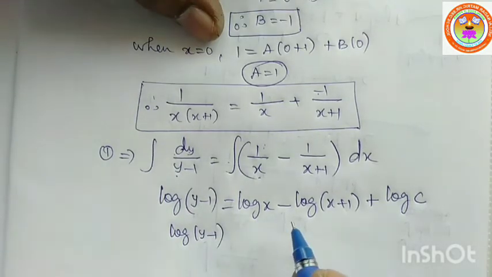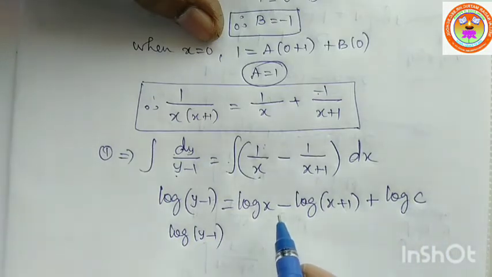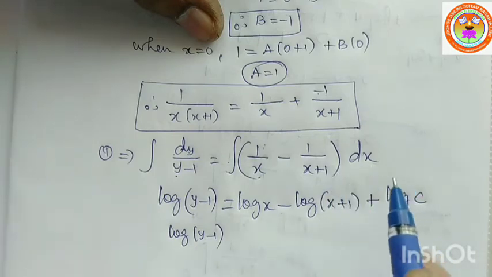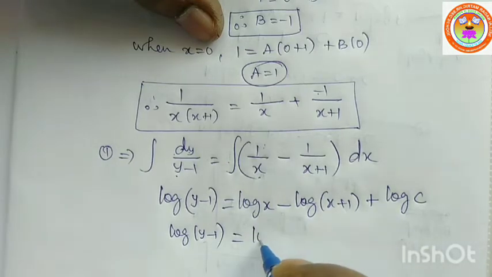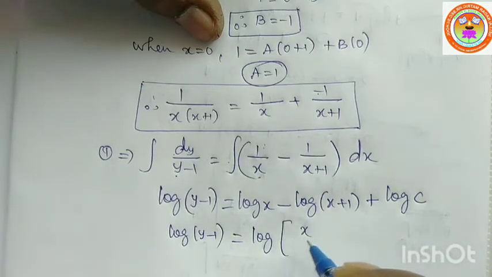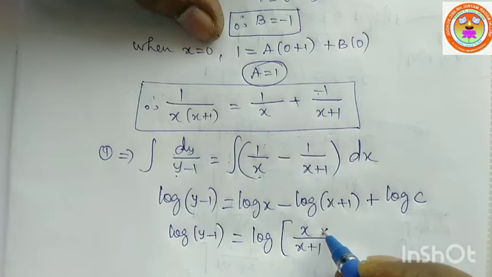In logarithm, addition means, see, log of a plus log of b is log of ab. So addition means multiplication. Subtraction means, log of a minus log of b is log of a by b, right? So we can simplify this term: log of x by x plus 1. Subtraction means division, here multiplication, so into c.